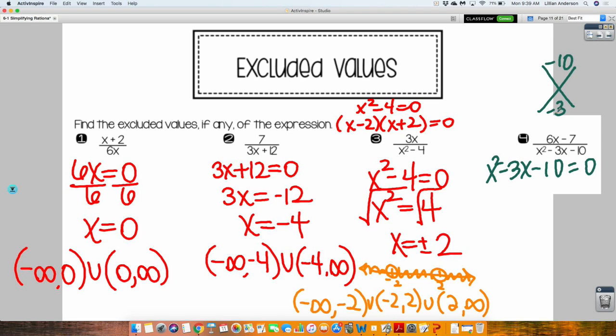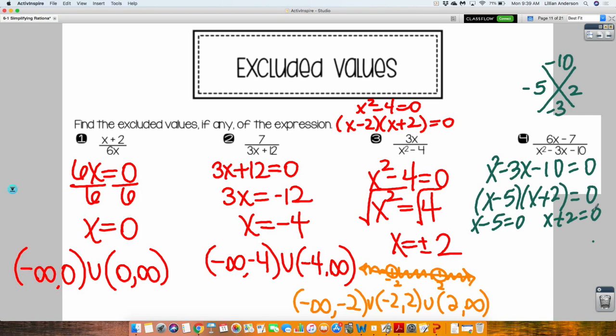What are my two numbers? -5, +2. So this turns into x minus 5, x plus 2 equals 0. I have to set both factors equal to 0. So x minus 5 equals 0, x plus 2 equals 0. What are my two excluded values? 5 and -2.